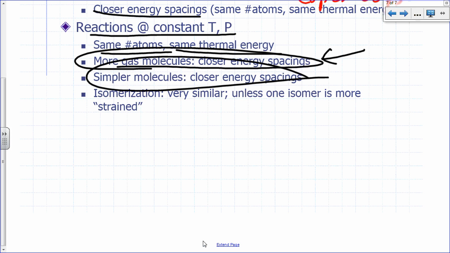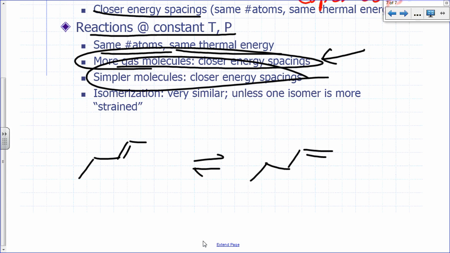So for example, if I were to predict the delta S for something like this, let's see, what's that molecule? And I want it to isomerize to that. What is this, the one on the left?